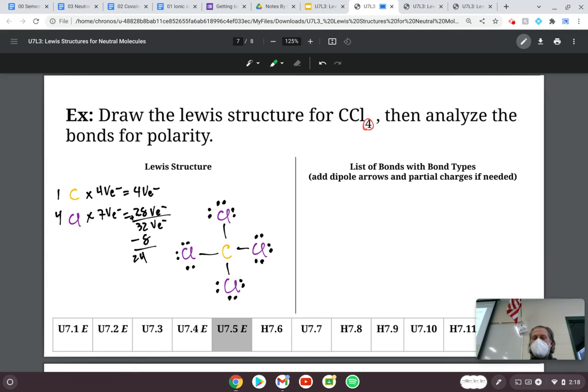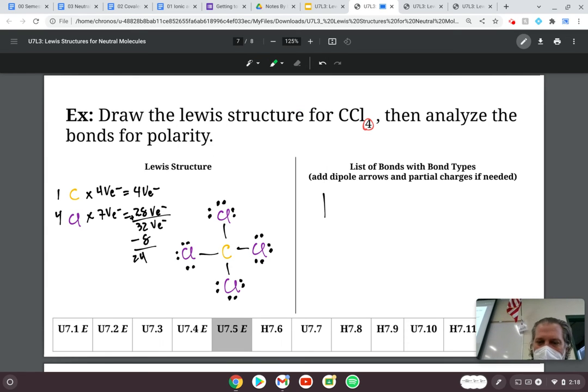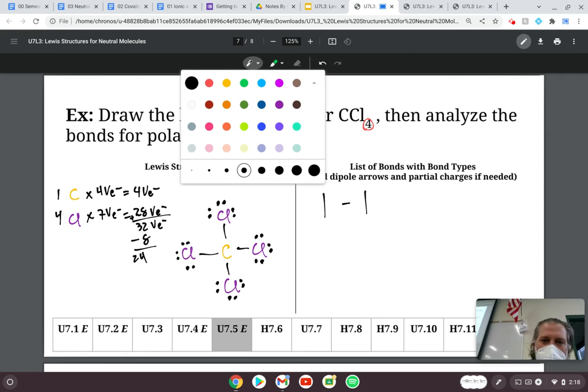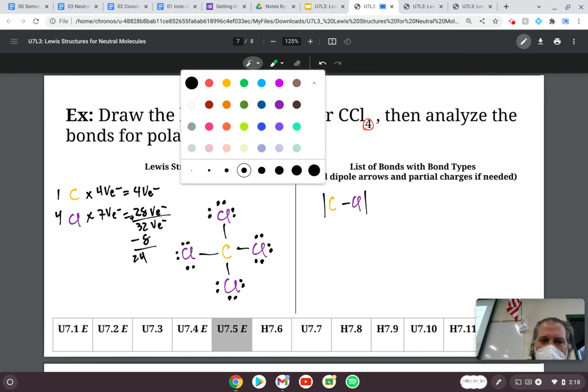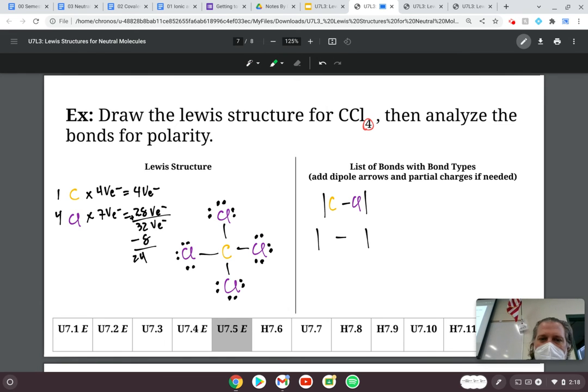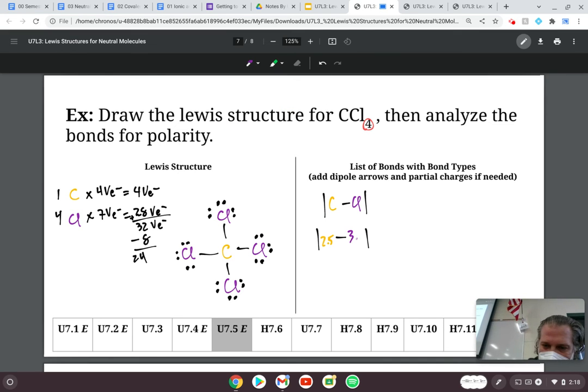Good. So now what we're going to do is go ahead and calculate the electronegativity difference here between carbon and chlorine. So I know that carbon's electronegativity, according to the periodic table, is 2.5, and chlorine's electronegativity, according to the periodic table, is 3.0.